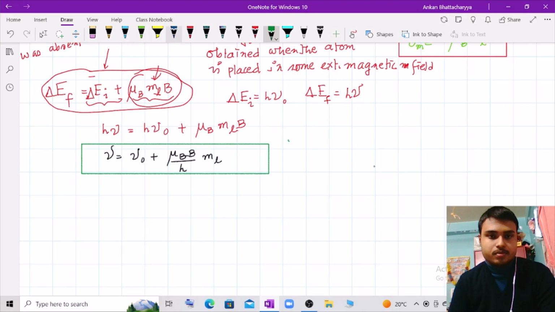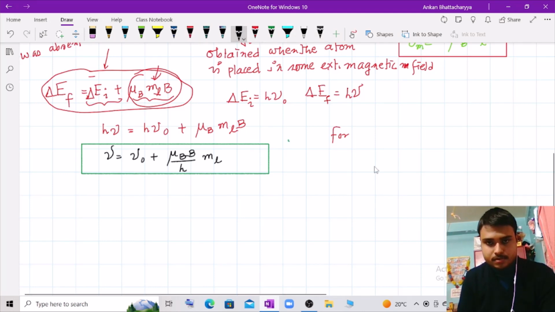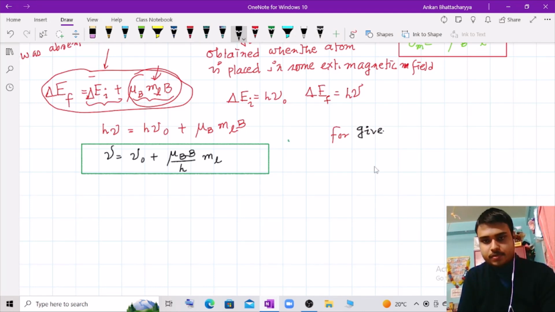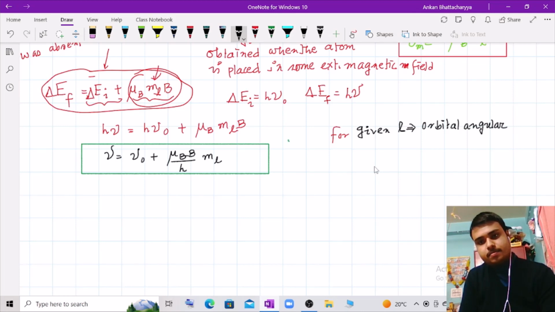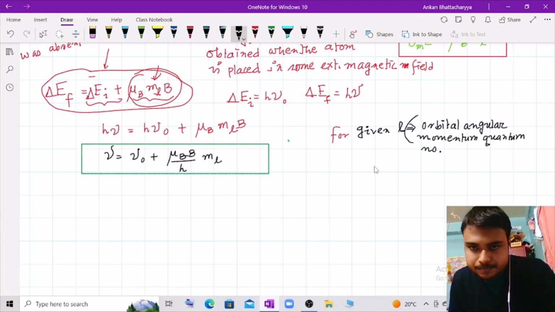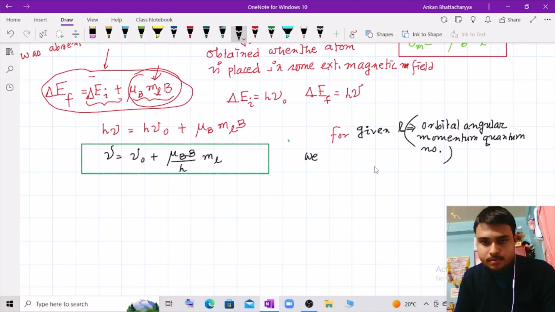Now we know very well that for given L, what is L? L is the orbital angular momentum quantum number. For given L, we have 2L plus 1 values of ml.